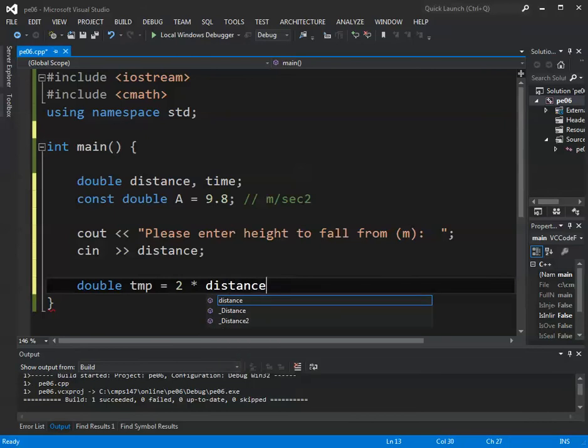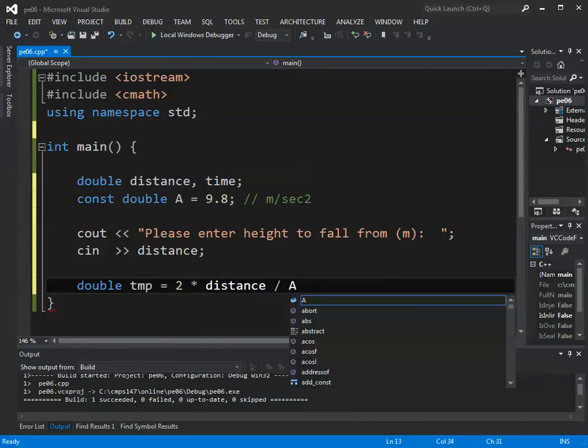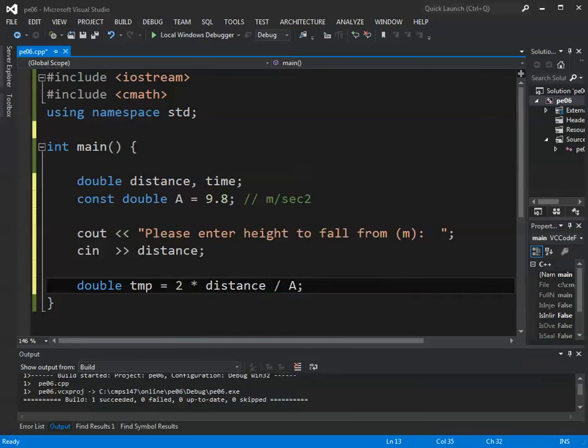So x was distance divided by acceleration. In terms of precedence rules or anything like that, of course, multiplication and division happen at the same level of precedence. This is going to be a left to right calculation. Since double is a distance, the 2 times distance is a double divided by another double, so we don't have to worry about integer division or anything like that.